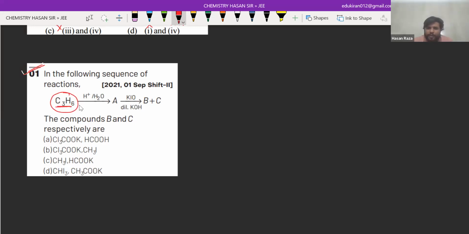Can you tell me what this is? This is your propene. So I'm going to write CH3 CH double bond CH2. If you have studied alcohols, you do hydration in the presence of acid catalyst. You know that it will follow Markovnikov, and you will get CH3, CHOH, and then CH3.